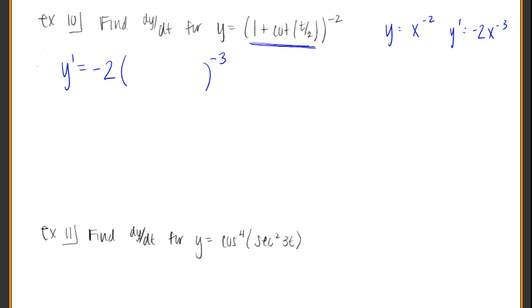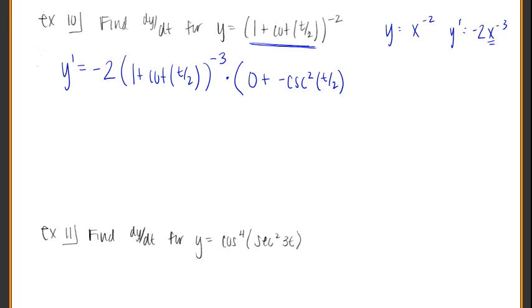Okay? The only difference here is that base, we've got to come in now and take the derivative of this base. So let's multiply now. Instead of just multiplying by the derivative of x, we've got to multiply by the derivative of the base. Okay, the derivative of 1 is 0. And now the derivative of cotangent of anything. So the derivative of cotangent is a negative cosecant squared angle.